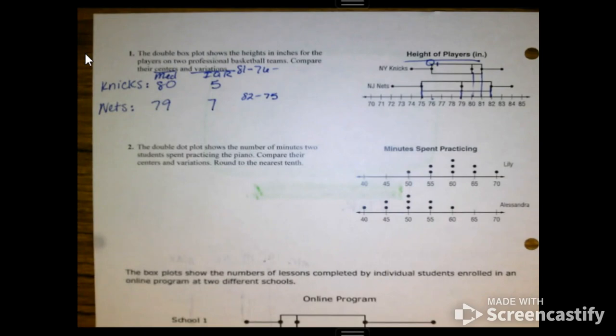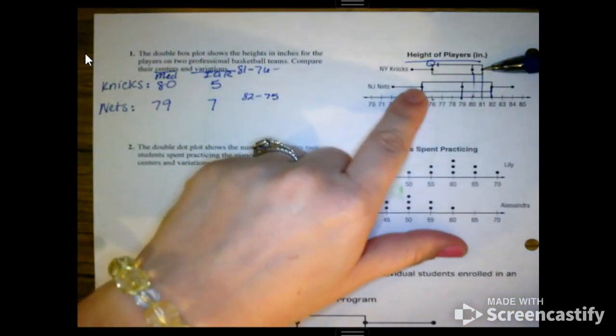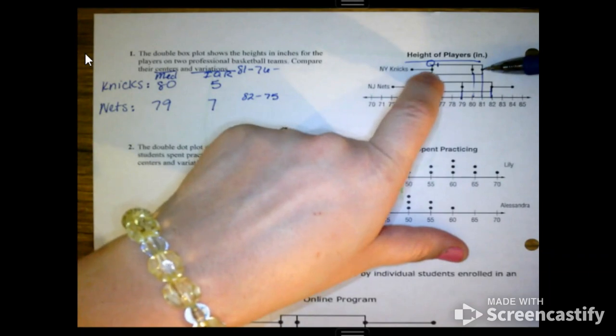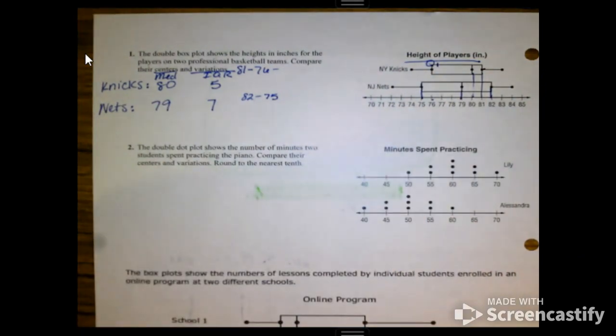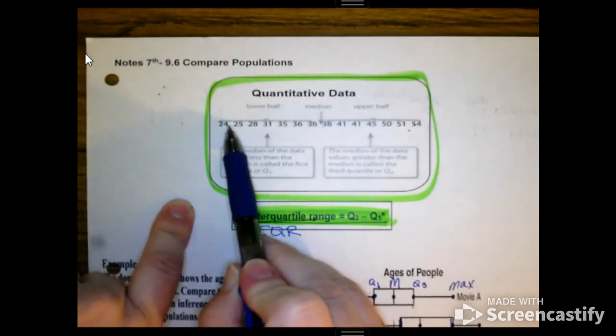So for IQR, you have to do Q3 minus Q1. Basically, the outside of your box and the outside of your box. It's pretty easy. But the median is not always in the middle. Not on the box plot, no. Because you could have a set of numbers and them not all be close together.